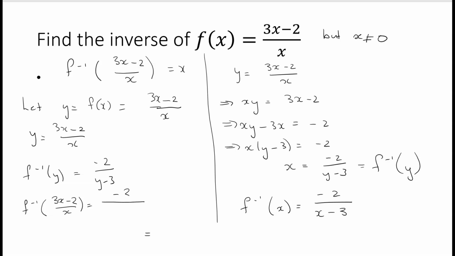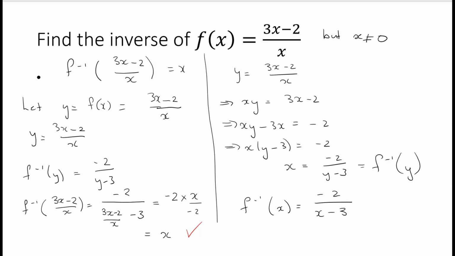So now I have to put 3x minus 2 over x instead of x. And if you play around with the fractions there, you end up with negative 2 times x over negative 2, which indeed is equal to x. Big red tick, because we got that right. So we have found the inverse.